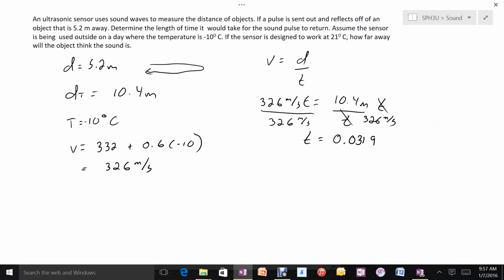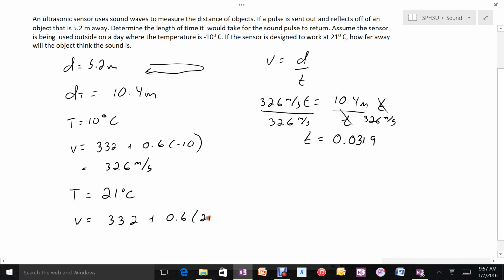But now the second part says, the sensor is designed to work at 21 degrees Celsius. How far away will it think the object is? So what that means then is that the sensor thinks that it's 21 degrees Celsius. So the sensor thinks the speed of sound is 344.6 meters per second. Now the time it took to go and come back was 0.0319 seconds.